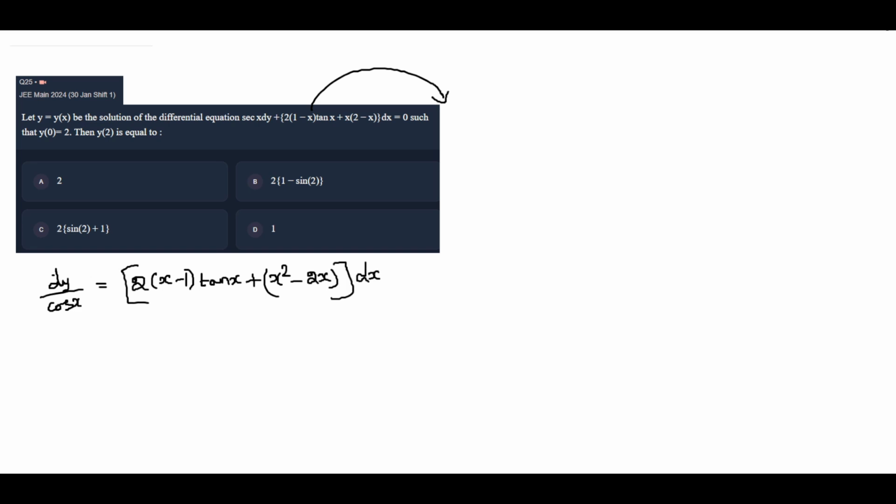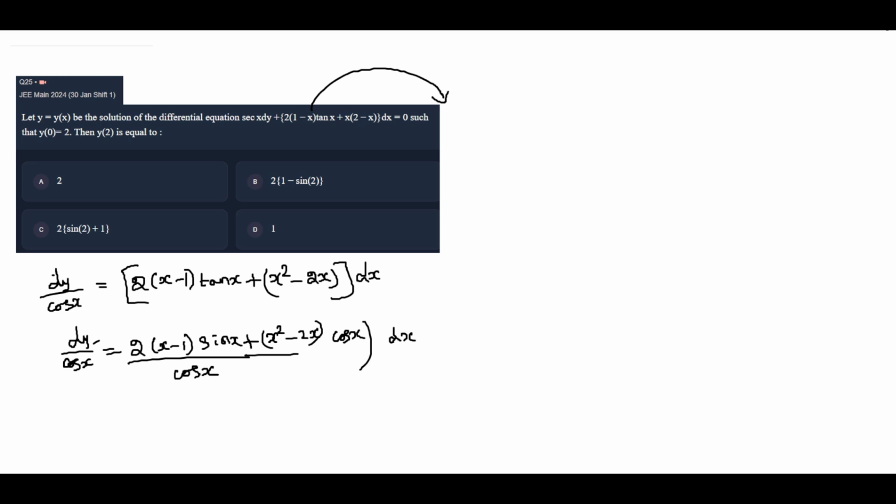Okay. Tan x will be sin x by cos x, so dy by cos x equals 2 into x minus 1 sin x by cos x plus x square minus 2x into cos x into dx. Okay. Cos x cancels.